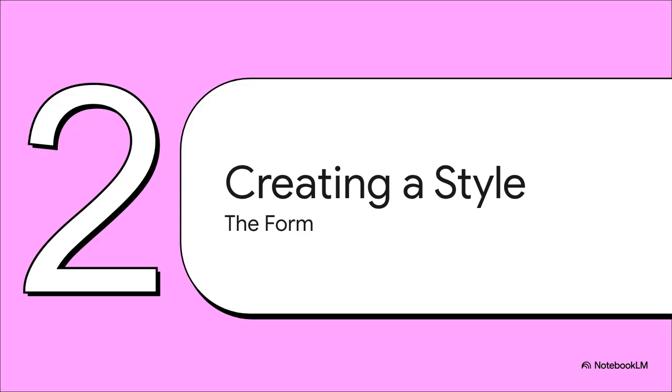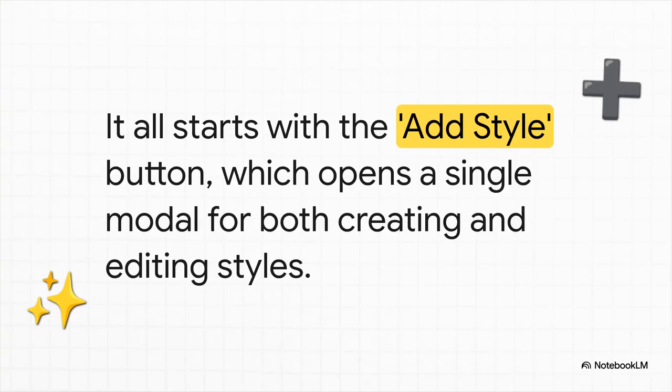Okay, so we've seen the big picture overview, but how does a style even get there in the first place? Let's walk through it. We're going to create one right now from scratch. It really is beautifully simple. You just click that Add Style button, and this window pops right up. And what's really clever here is that the system uses this exact same pop-up for both creating a brand new style and for editing an old one.